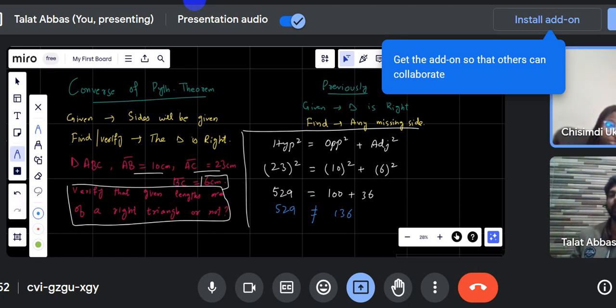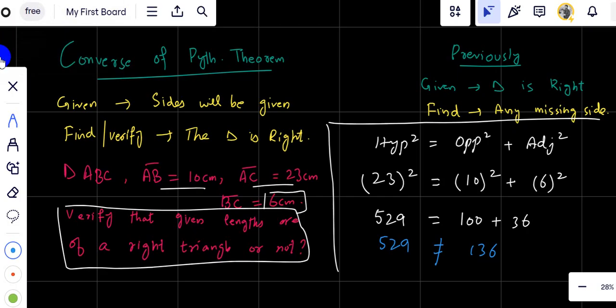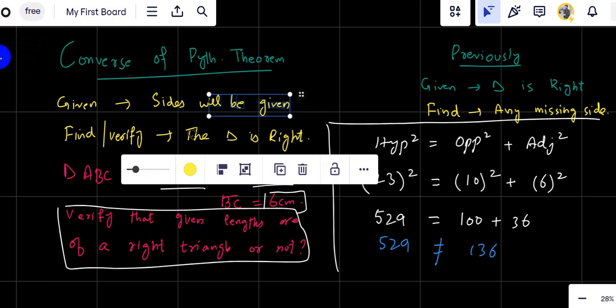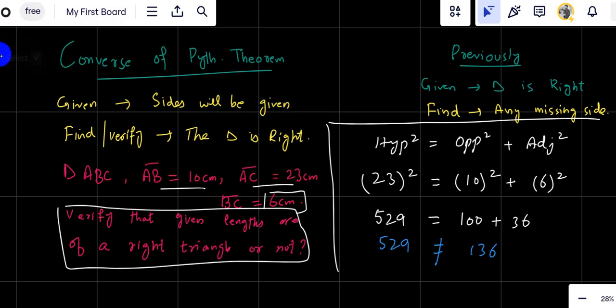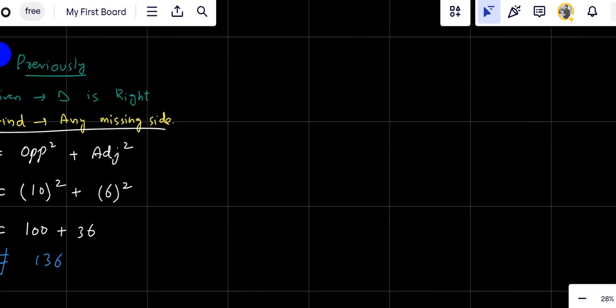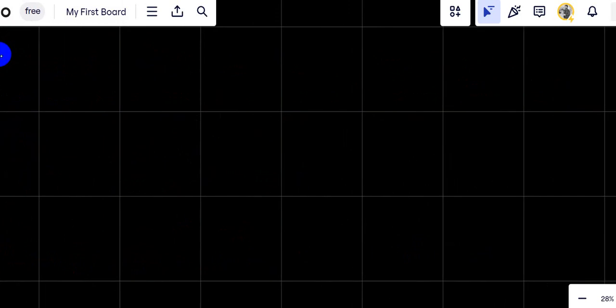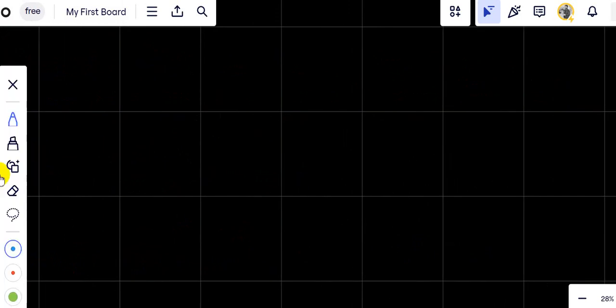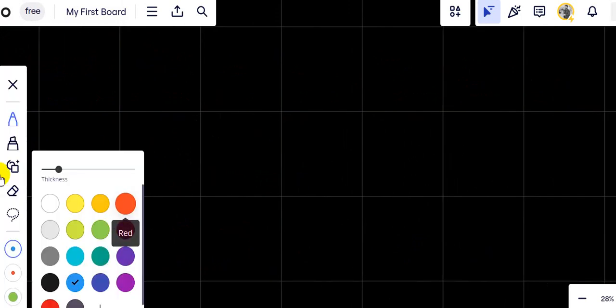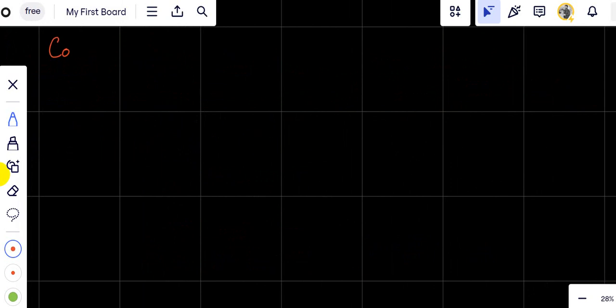Okay, let me solve some other examples, some more examples related to the converse. Let me mention here that we are doing the converse of Pythagoras theorem.